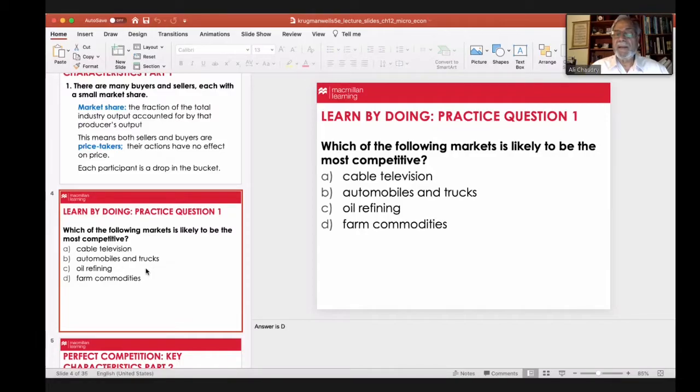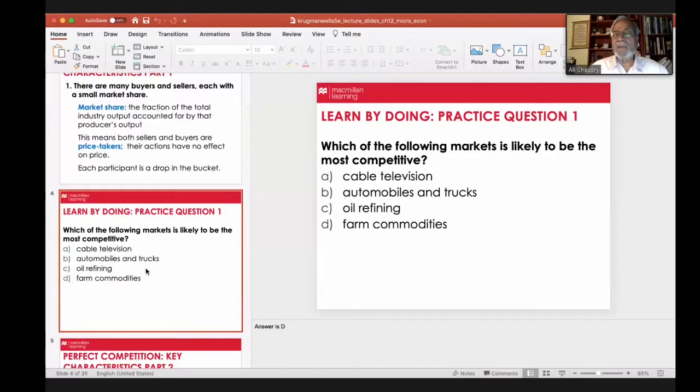So does everyone agree that D, farm commodities, are the competitive markets, whereas the other three businesses, same with oil refining? How many oil refining companies are there? How many firms have drilling and refining oil refineries in the world?